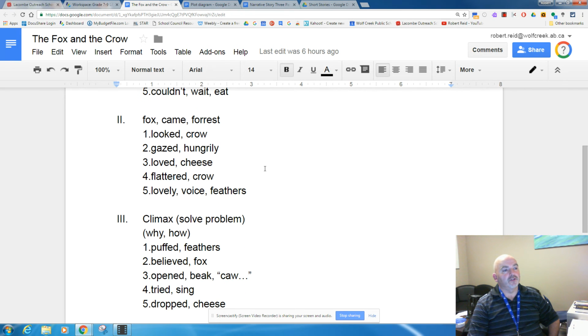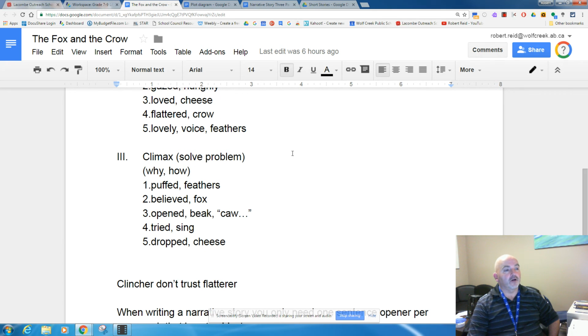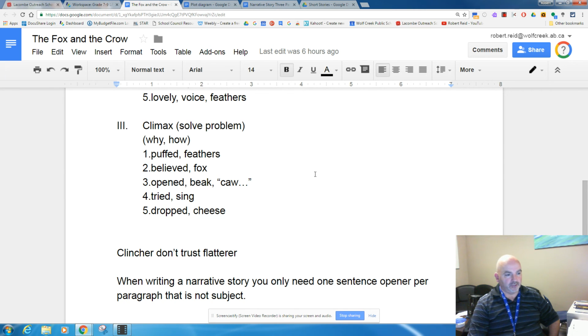Then we move to the plot. The fox wanted the cheese, the crow had the cheese, and he had to figure out how he's going to do it. That was in the plot. Then in our climax and resolution, where we solve the problem, the why and the how, he does it by flattering the crow. It opens its beak and drops the cheese.